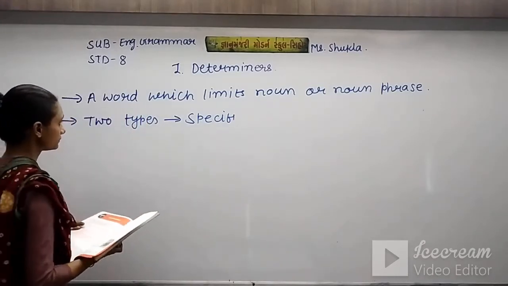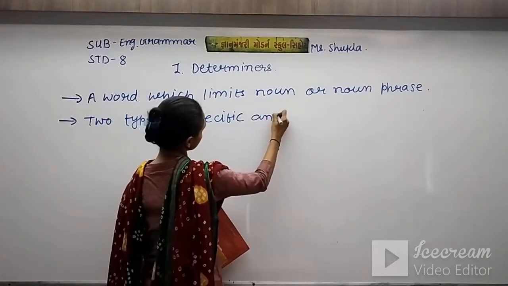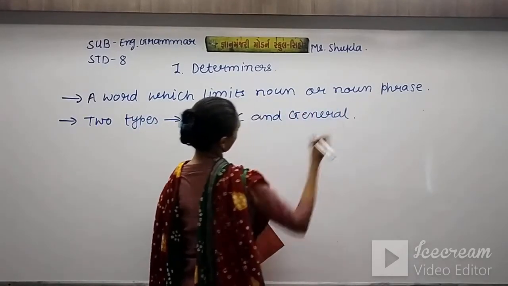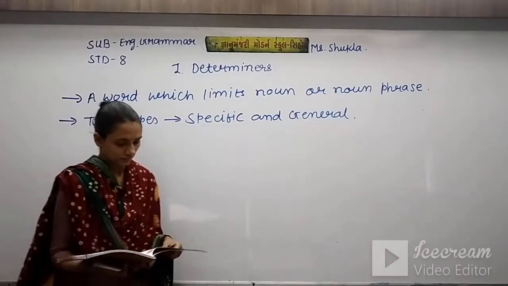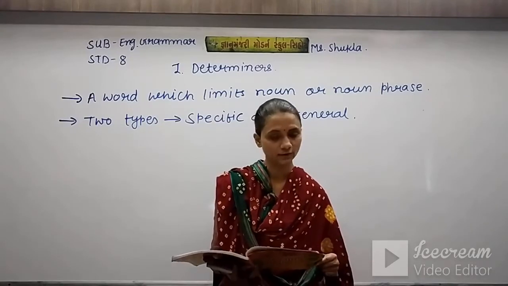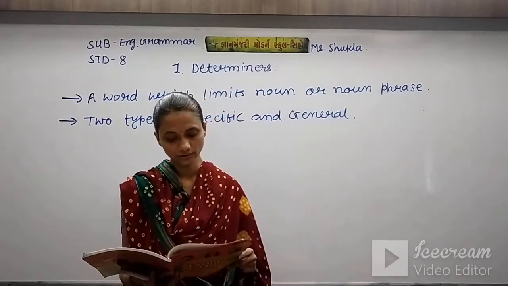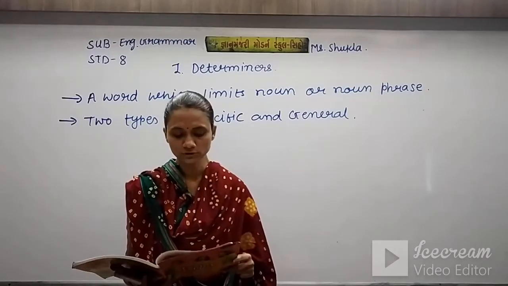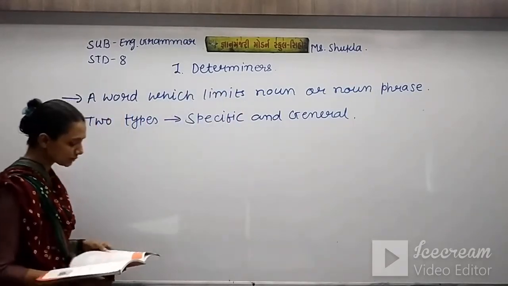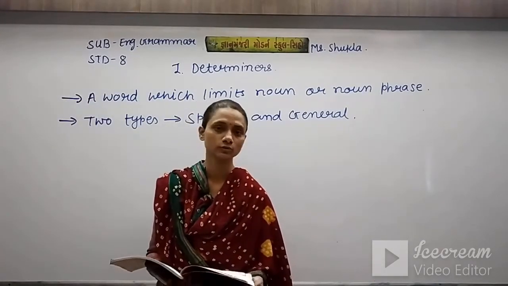Specific and general. Specific determiners are used in a noun phrase to talk about or indicate specific people or things. We cannot use more than one specific determiner before a noun. Okay, so the specific determiner itself suggests the use of those determiners.